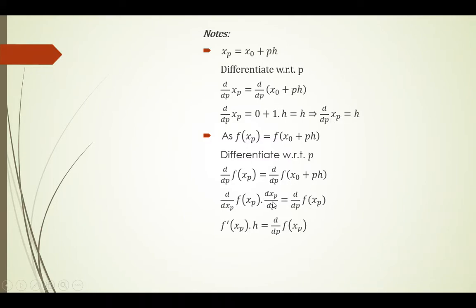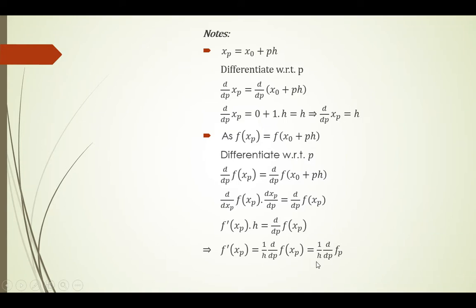Replacing dxp by dp by h is equal to d dp of f of xp, and the last one is dividing both sides by h, so h will be cancelled out and this is 1 by h.